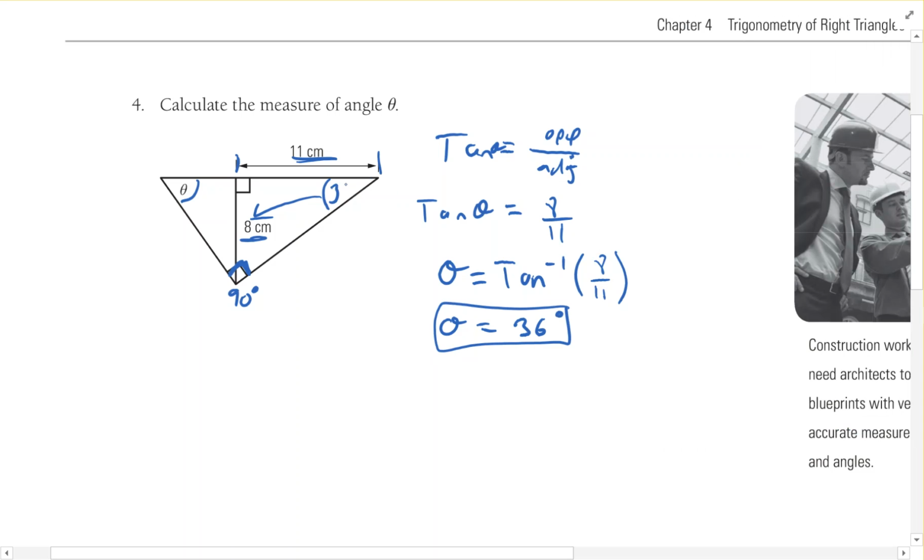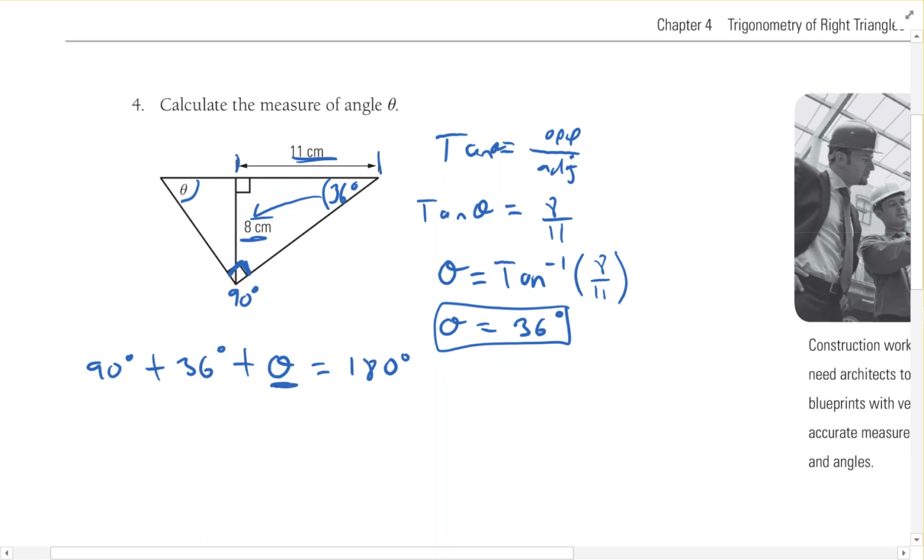We now know this is 36 degrees. So I know all of the angles need to add up to 180. So 90 degrees plus 36 degrees plus whatever that angle is equals 180 degrees.